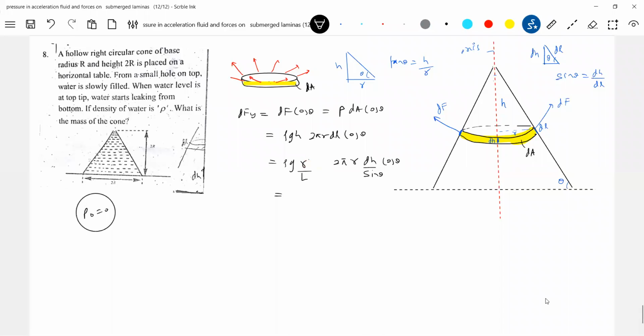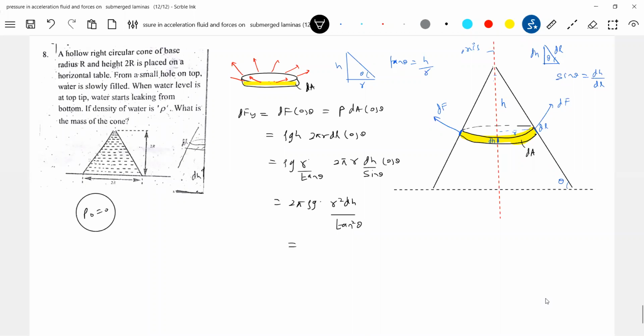Yeah, okay, I'm correcting it. So therefore this will become 2 pi rho g. What all will get outside? Again, 2 pi rho g, r square dh, tan square theta.